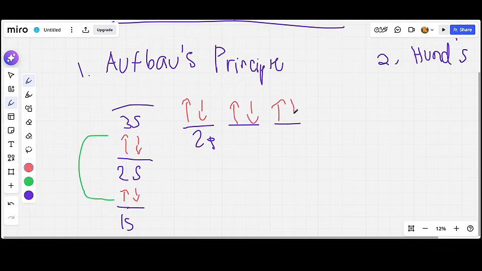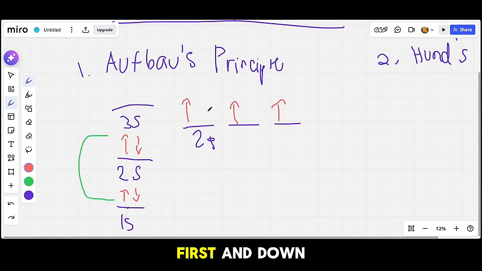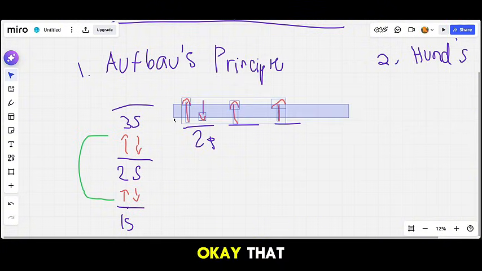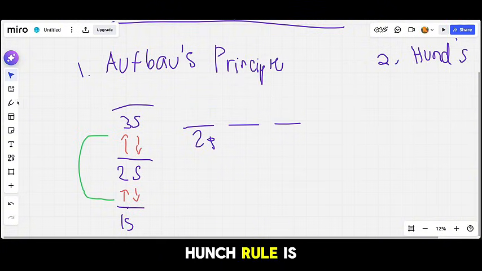Because if you put an up arrow and a down arrow before you move on to the next orbital, then the electron spin here would be unstable. So that is the gist of Hund's rule.